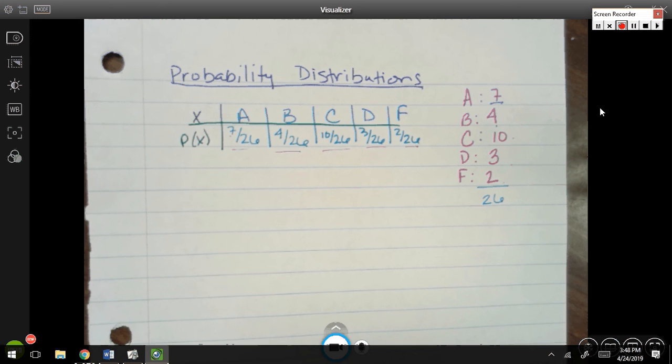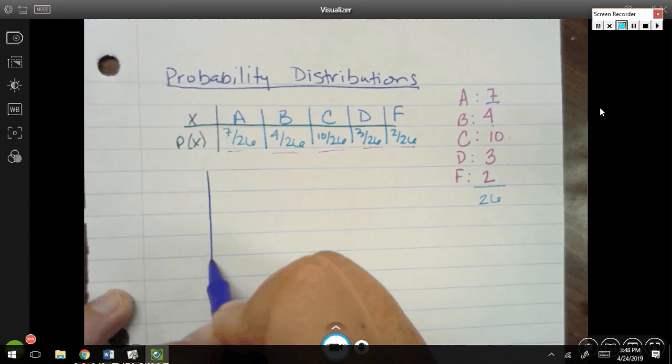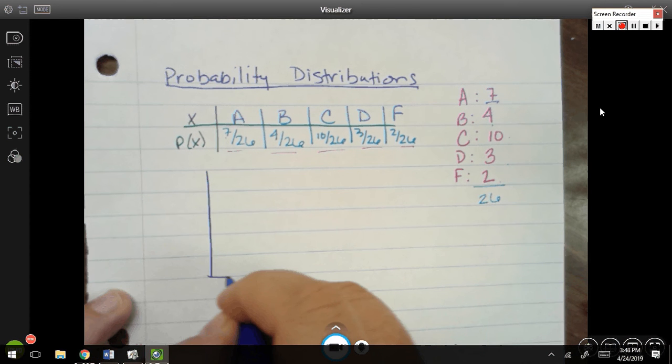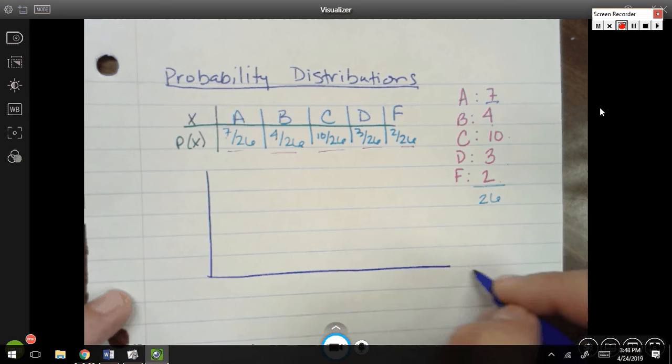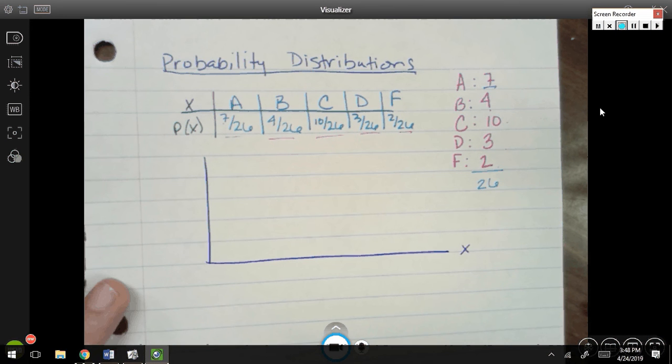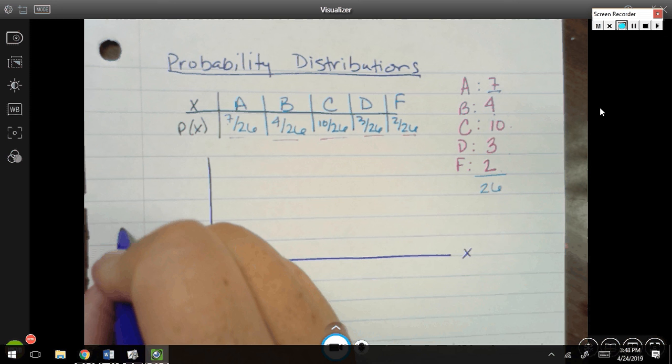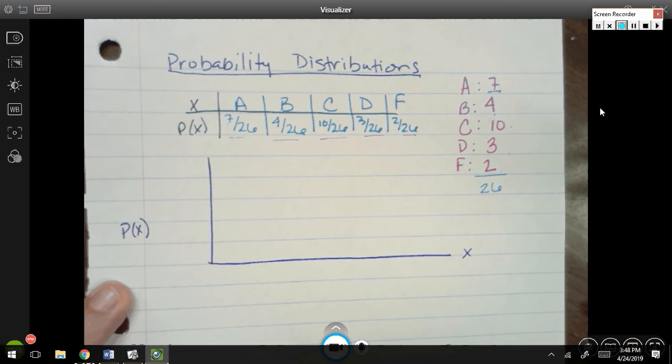Now, what I also want to do is take just a second to graph these. And so I'm going to do a little histogram here. My x-axis is my random variable axis, okay, and I'm going to let my probability be on the vertical axis so that it's a little easier to graph.